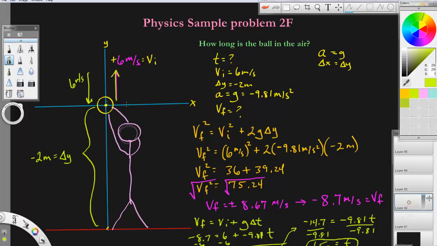That's important. But keep in mind, that would be negative. This would be positive. This green arrow would be negative. But the reason why our final velocity is negative 8.7 is the speed that it increases on the way down. So that's gaining a little bit more right there. So it's coming in fast and gains a little bit more on the way down.